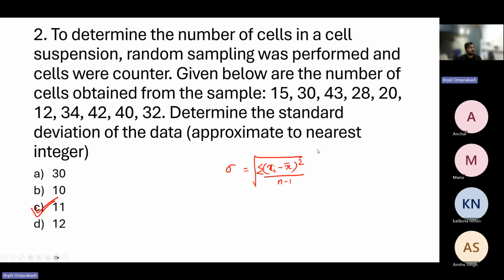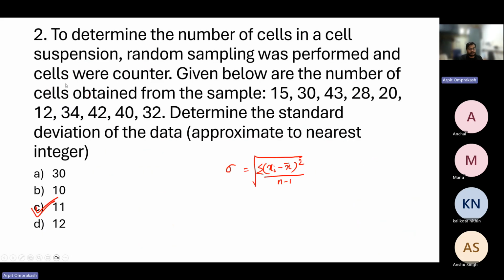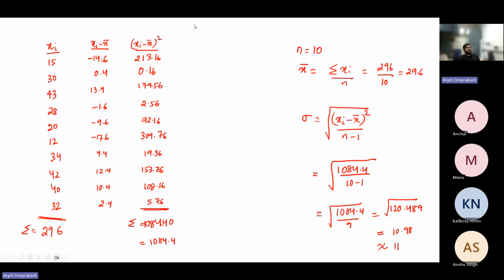Since we are talking about a sample, we are using this formula where the denominator is n minus 1. What we have done here is just mention these values xi, so 15, 30, 43, and so on. And basically, here we sum it up, we get 296. N is equal to 10 because we have 10 different numbers here. X bar is summation of xi by n, which is 296 by 10, which is 29.6.